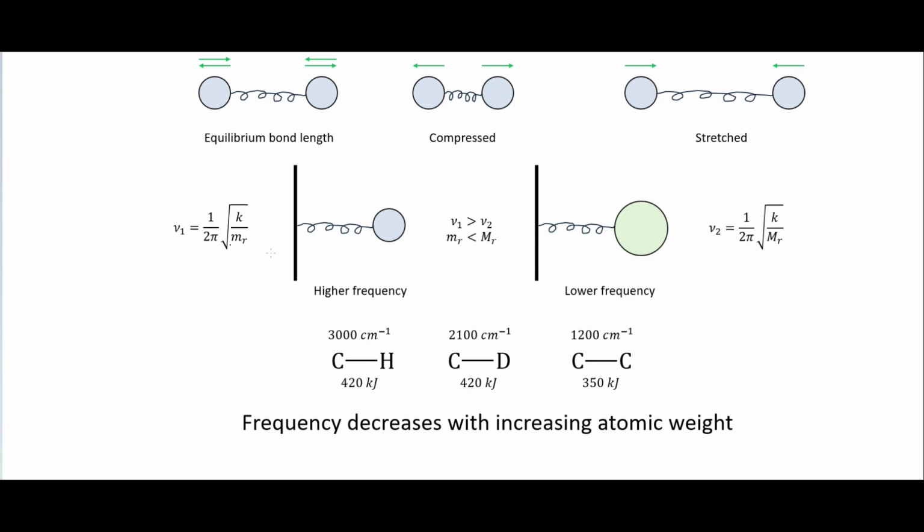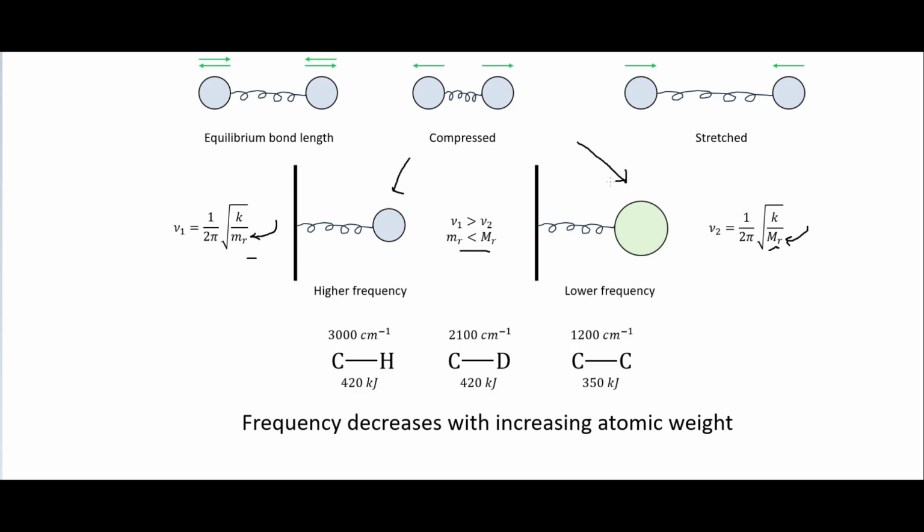So if we look at the mass, we see that this is going to be inversely proportional to our vibrational frequency, since the mass shows up in the denominator here. So if this is a higher mass than this, which is what we're showing here, then this is going to be a higher frequency than this.